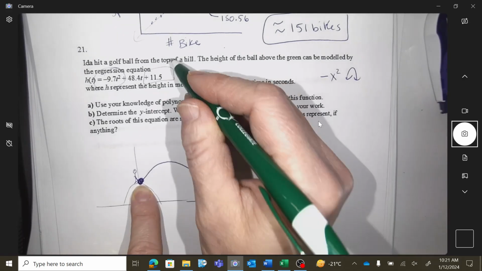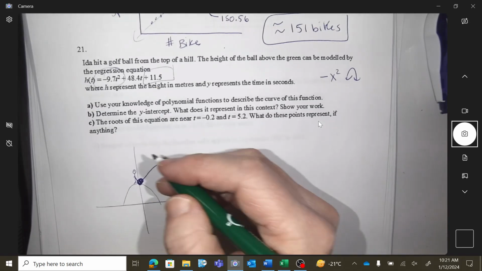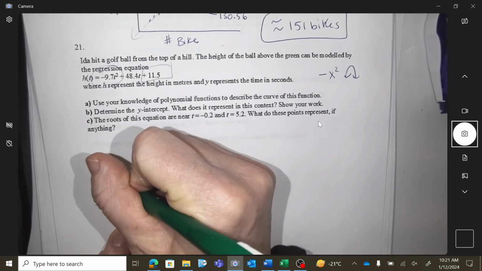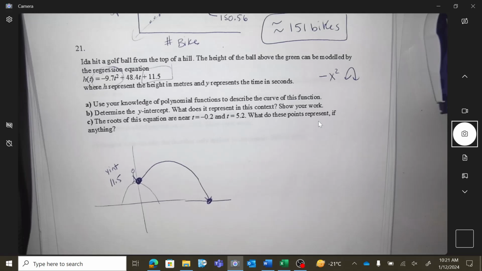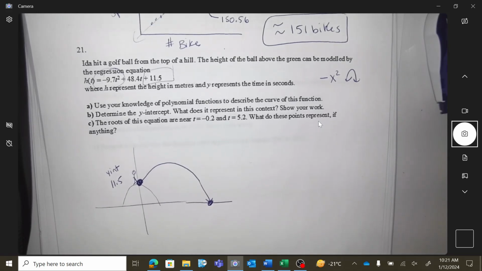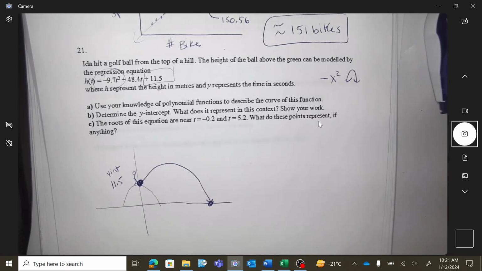It should be 11.5 is my y-intercept. What does it represent in this scenario? Where she hits the ball from, how high is the hill that she's hitting it from, something like that.